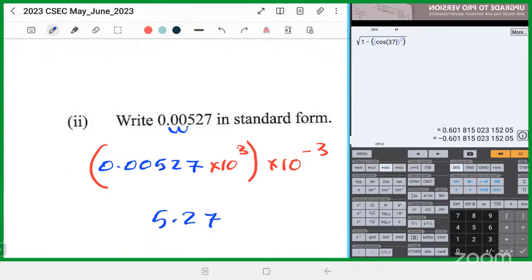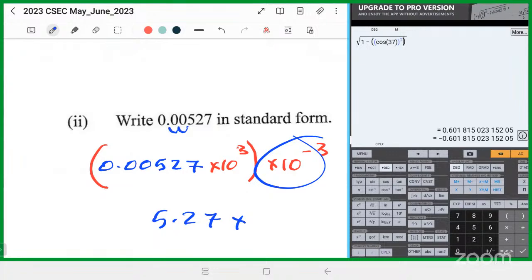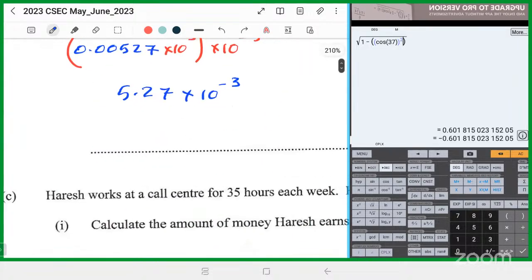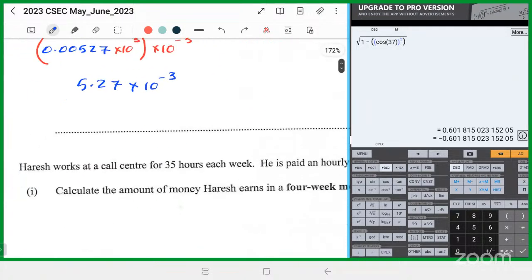And that is the answer. You can also put this in the calculator and tell it to give you scientific notation. All right. Next question. What mark for that? 1 mark. Good.